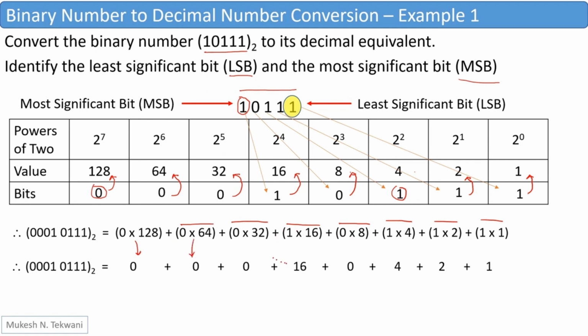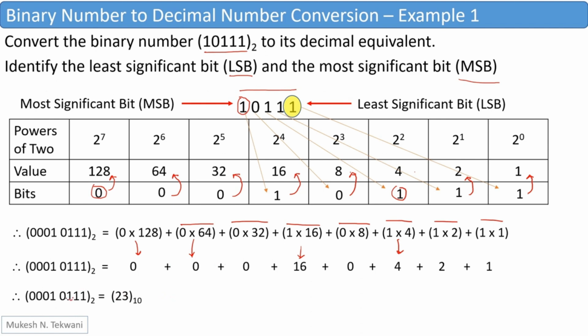And like this we have 1 into 16, you can observe, is 16. 1 into 4 is 4. And therefore we have the given binary number as a sum of these values, and this can be written as 0001 0111 of binary is equivalent to 223 of the decimal.